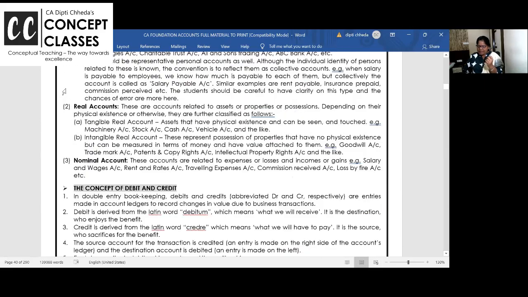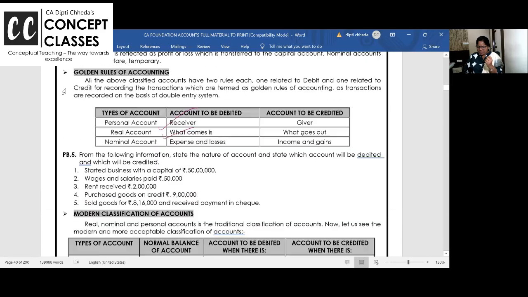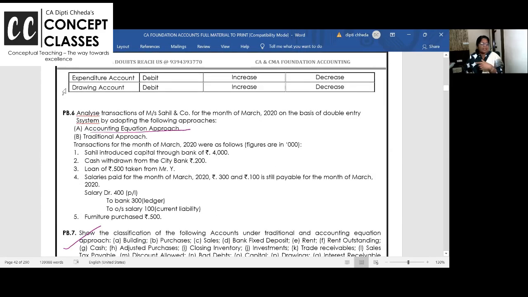Let us make the equation with that same problem only which I did in class, the sixth one. Kal jo sixth problem kiye na, usi ke liye let us make the equation. He started the business. He has made cash and bank accounts, salary paid, furniture purchased. Theek hai? Sure.